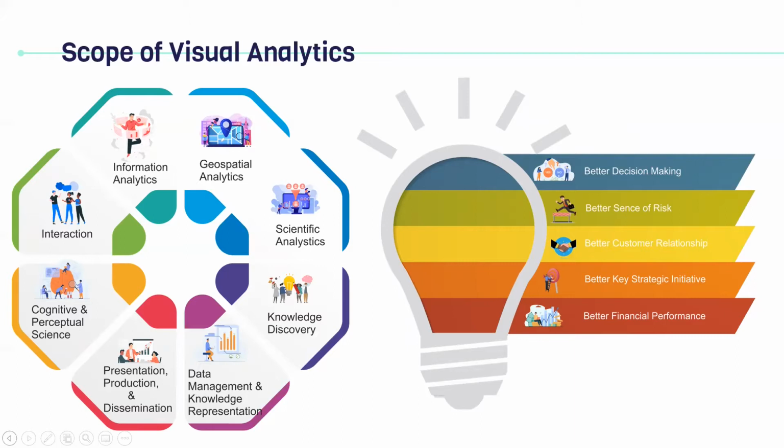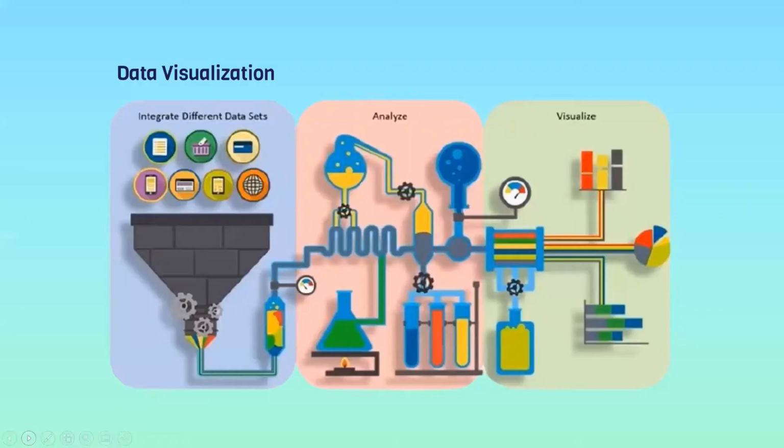It can be applied to scientific analytics, knowledge discovery, data management, knowledge representation, presentation, production and dissemination, cognitive perceptual science, interaction, information analytics, and geospatial analytics. For data analysis, we will be integrating the different data sets, analyzing them, and also producing the visual tables.